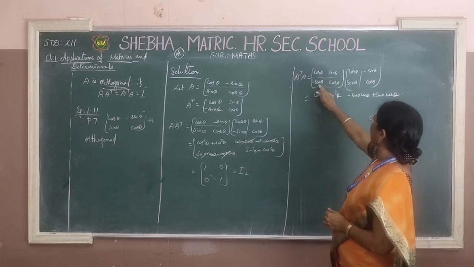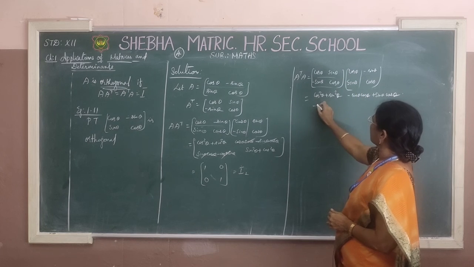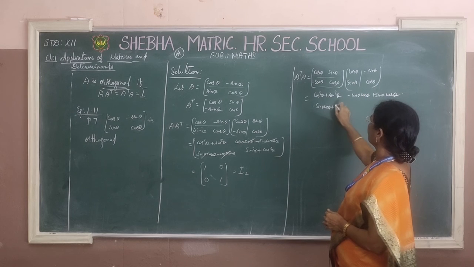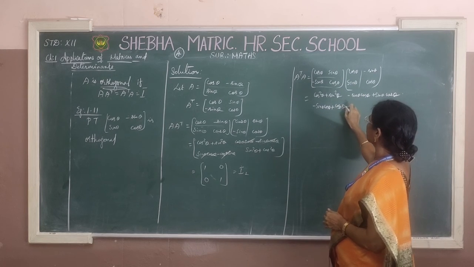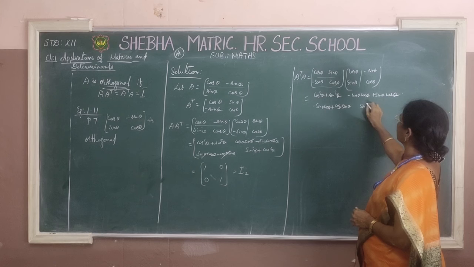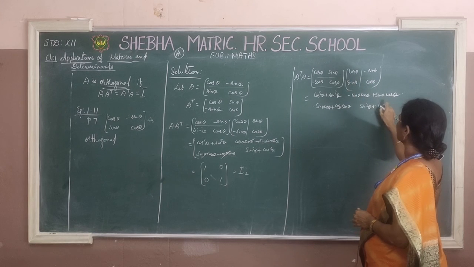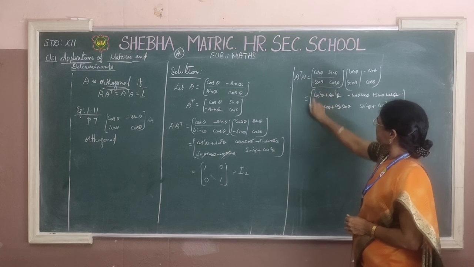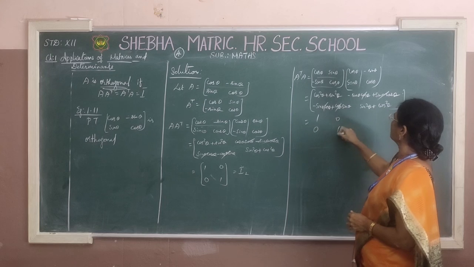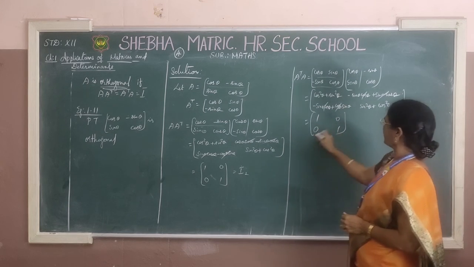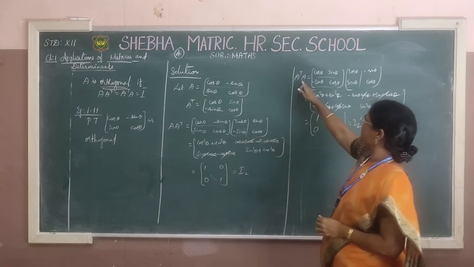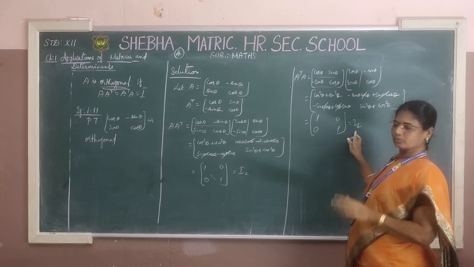Take next row, minus sin into cos, minus sin theta cos theta, then cos into sin plus cos theta sin theta. Next minus sin into minus sin is plus sin square theta plus cos into cos, cos square theta. So, substituting 1 here we get 0, here also 0, and put 1 here we get I2. So, combining these two, A A transpose and A transpose A are both equal to I2.